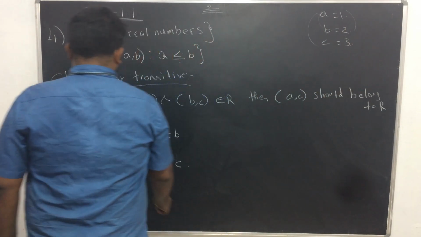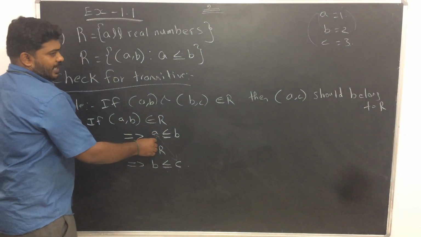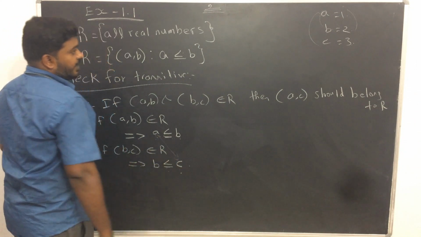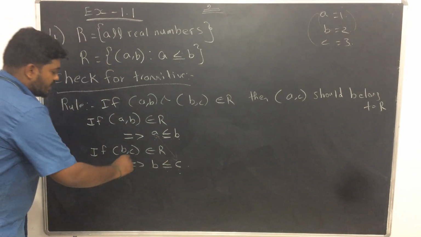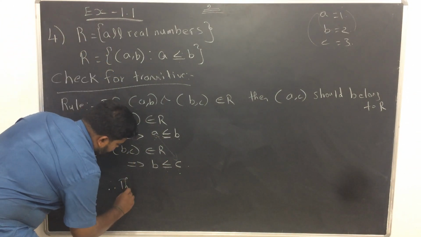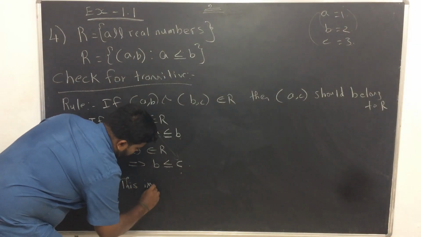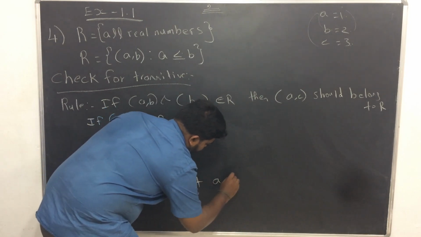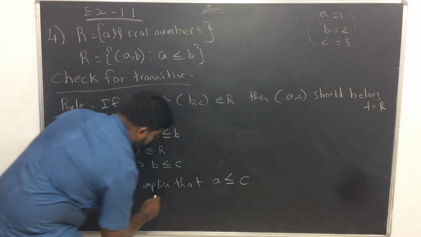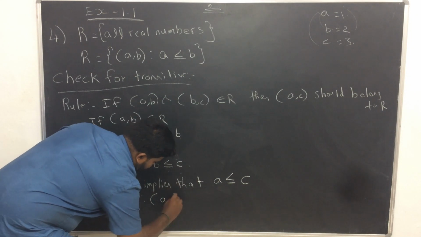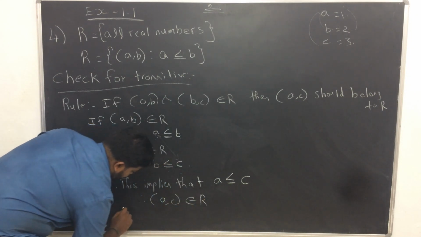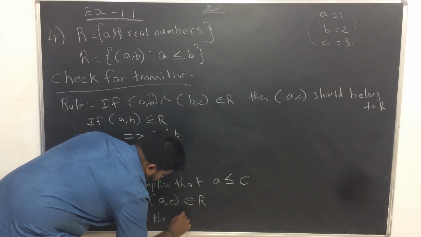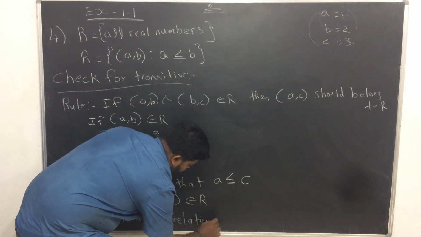So, obviously, if A is less than or equal to B and B is less than or equal to C, there is no doubt A will be less than or equal to C. Therefore, this implies that A is less than or equal to C. Therefore, (A, C) belongs to R. Hence, the relation is proved to be transitive.